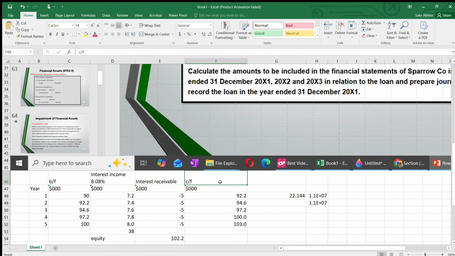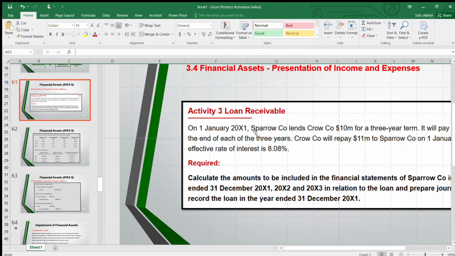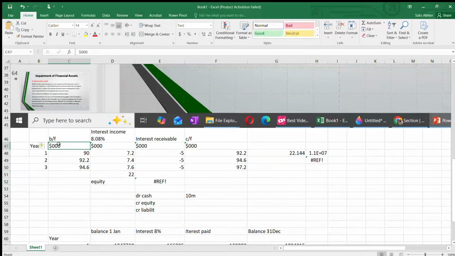So for 3 years, 2001, 2002, 2003. I'm going to cut all this. Let's start with the balance. It is 10 million. I'm going to drop the 3 zeros, so I'm going to write 10,000. Means it's 10 million. Just drop the last 3 digits.